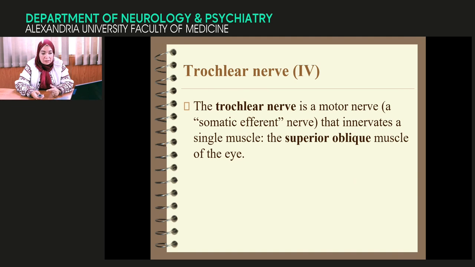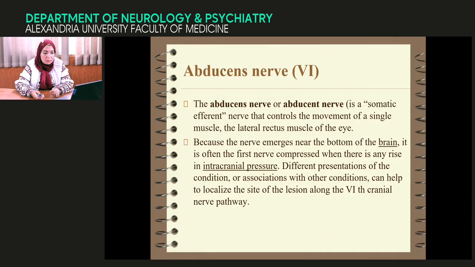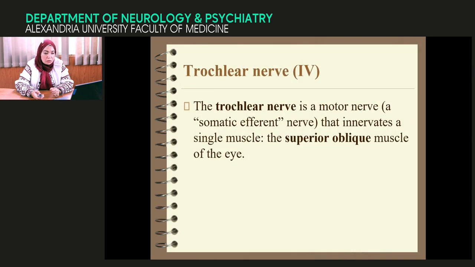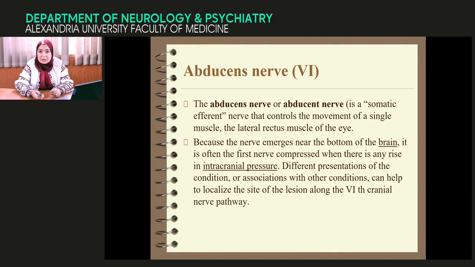As we said, the trochlear nerve supplies the superior oblique only, which is responsible for downward gaze in the adducted position. The abducent nerve supplies the lateral rectus muscle, which directs the eye to abduction.